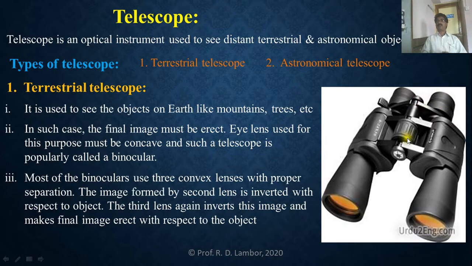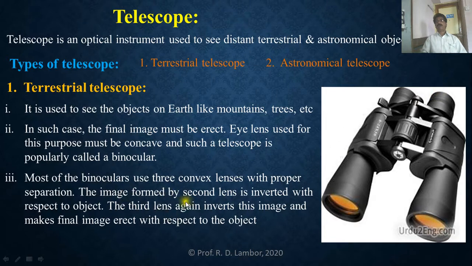So how can the final image be erect? The final image formed will be erect in such cases. See here, the image formed by second lens. This one will be the first lens, second lens will be here only, and third lens will be nothing but eye lens.